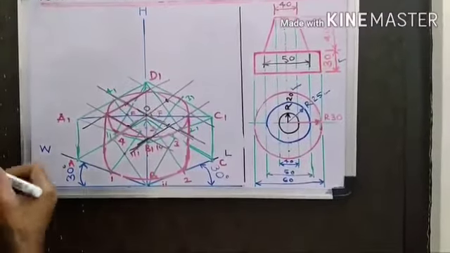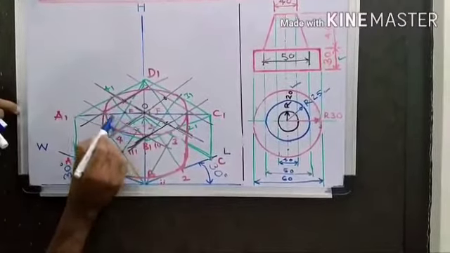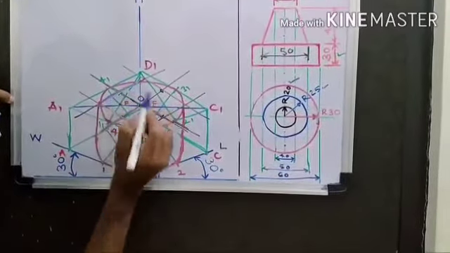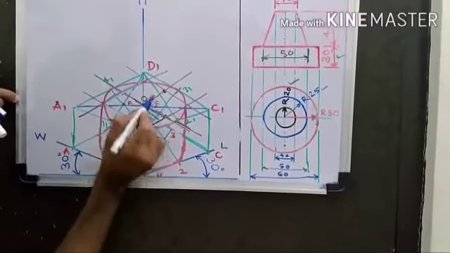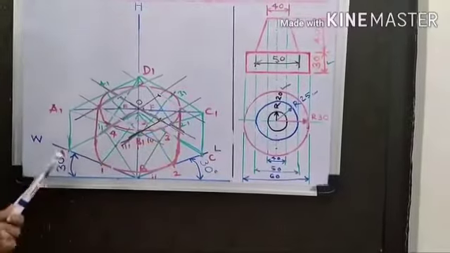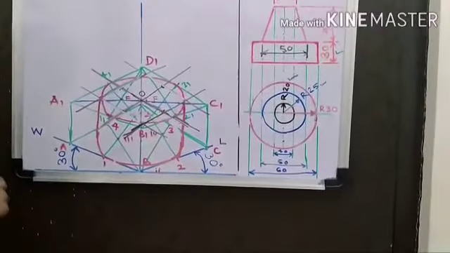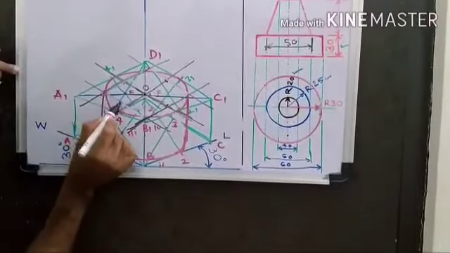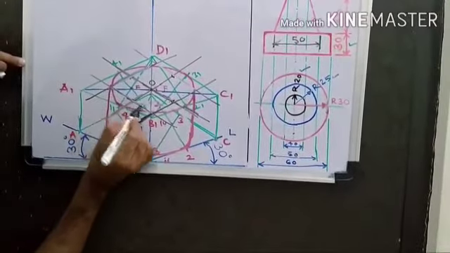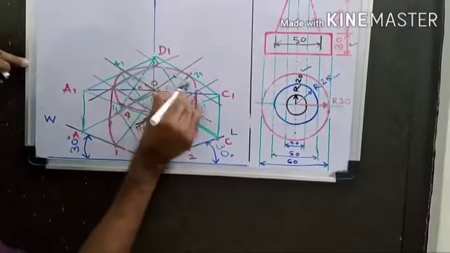So 50 by 50 I am drawing again. Okay. This is 50. This is 50. With black color line I can show. Color is not getting. Right.